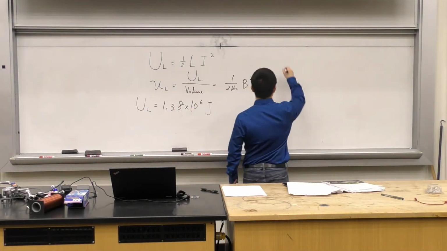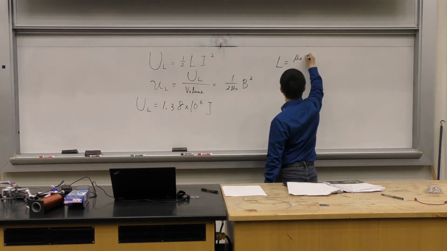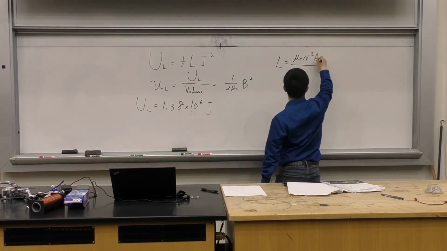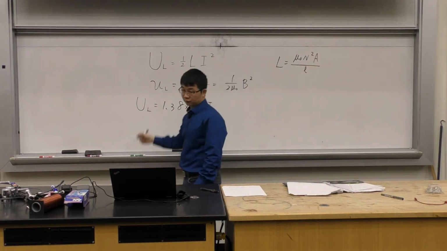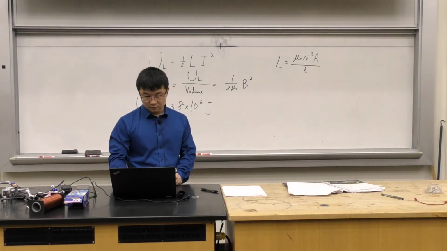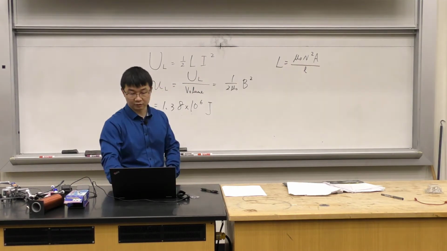For a solenoid, the L is this, A divided by L. Once you have that, you find the energy. The I is given, right? 2.3 kiloamps.